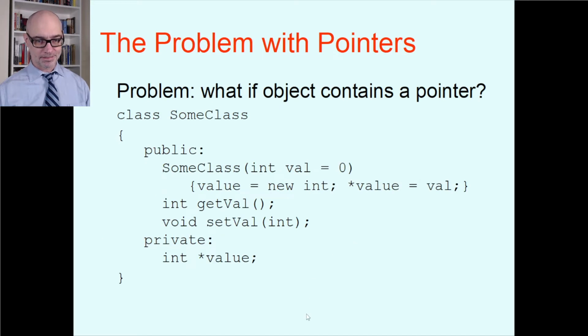Here's why. Okay, the problem is, what if one or more of the members of your object are actually pointers holding the address of dynamically allocated memory that the object is responsible for controlling? And we've certainly seen examples of that in the past, like the contact info class from chapter 13, that as you make this object, the constructor dynamically allocates some memory.